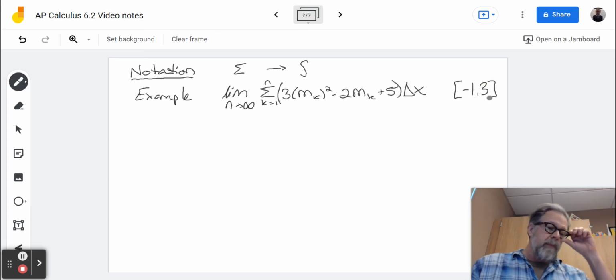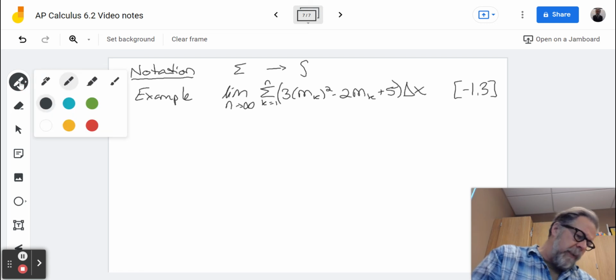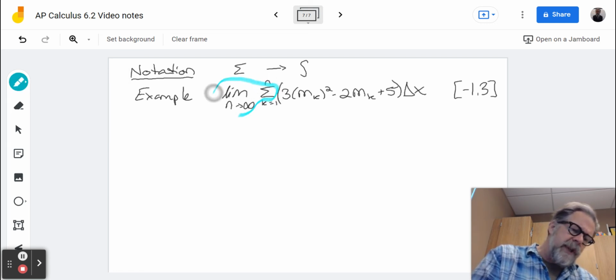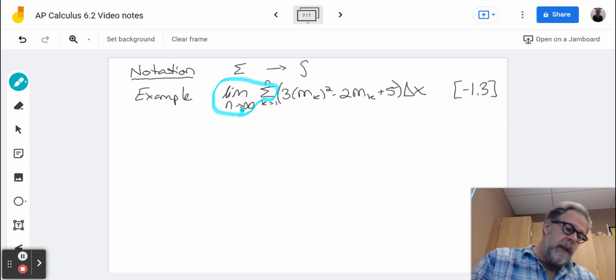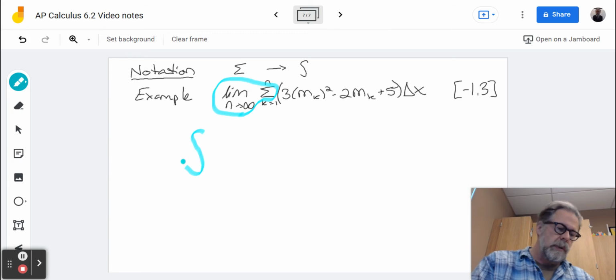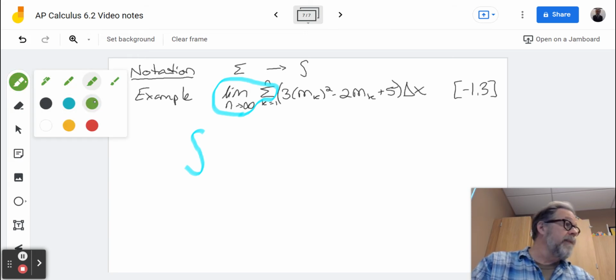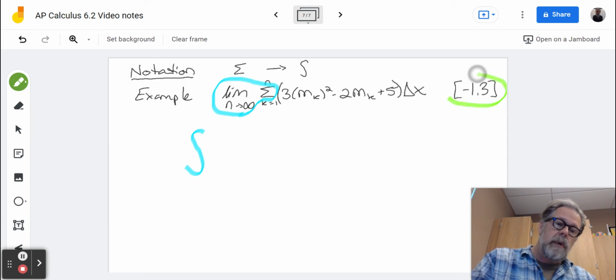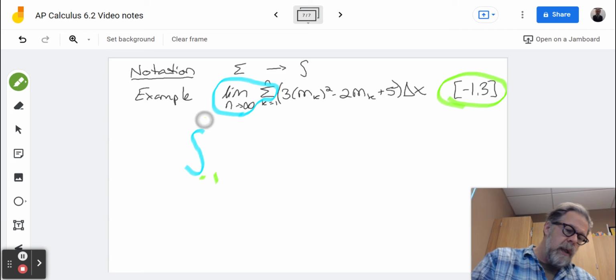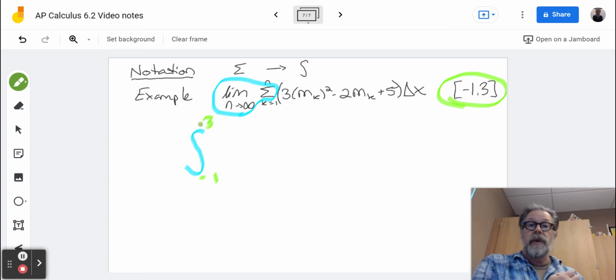What happens? Okay, so let's break this down. First of all, the limit of the sum. Well, the limit of the sum is the integral. Second of all, the interval -1 to 3 is our endpoints.